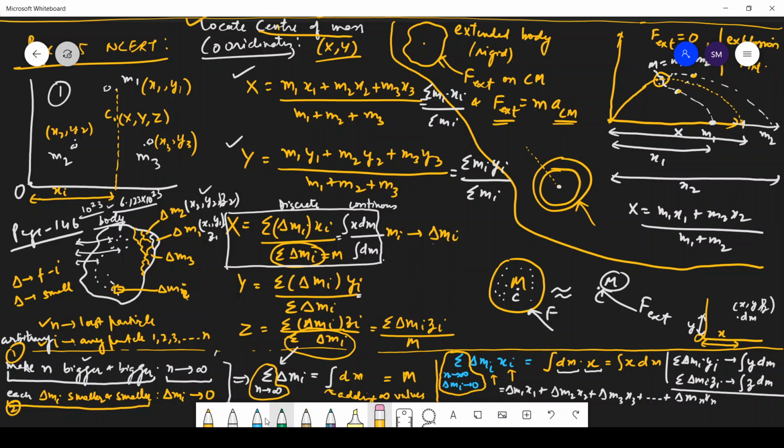On the y-axis it will be equal to this. Students, this delta will be changed to d, and remove the i sign, and this yi will change to y. Remove the i sign. And similarly here the summation will change to the integration sign, this delta will change to d, and this i will be removed.